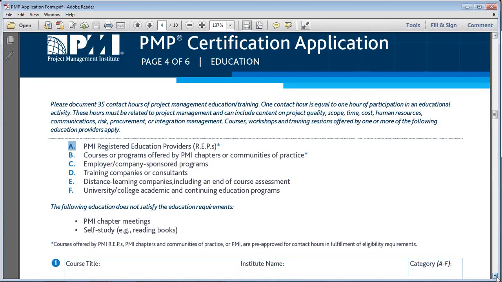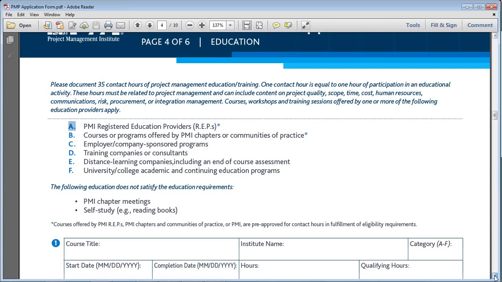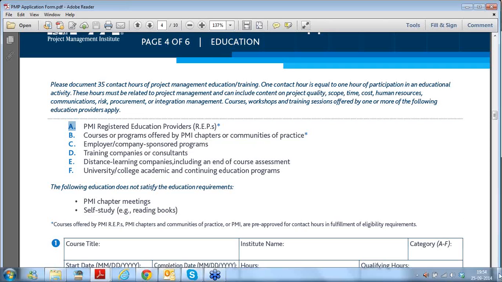So PMI chapter meetings and self-study do not qualify for this. You have to go through a training either done by a REP or by any other organization conducting it as a PMP, or your employer or company sponsored programs, or distance learning companies, or university or college academics. So any of these are valid, not PMI chapter meetings or self-study.